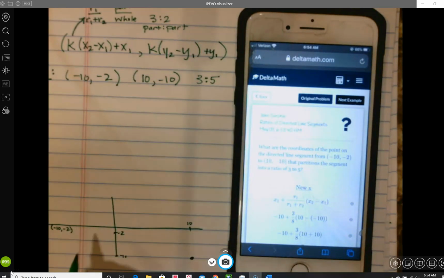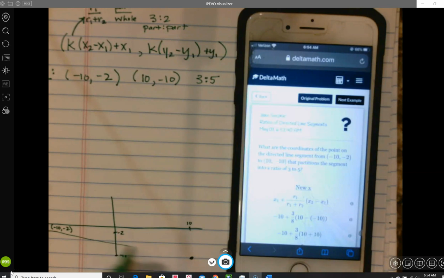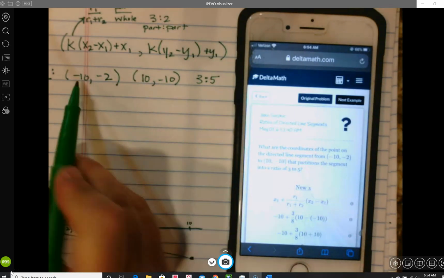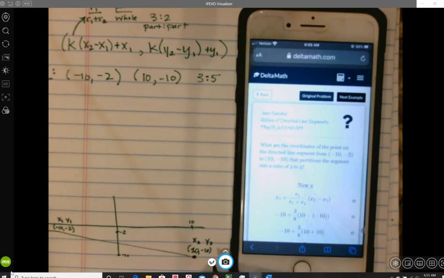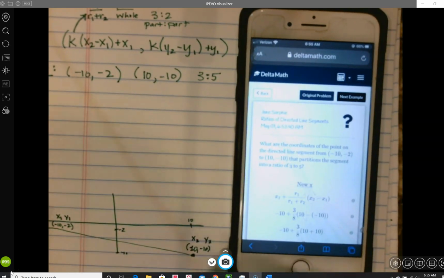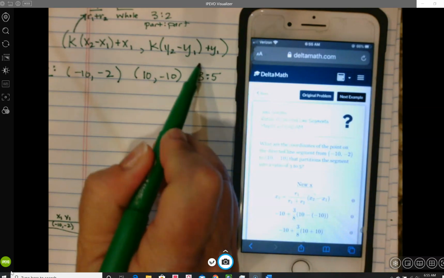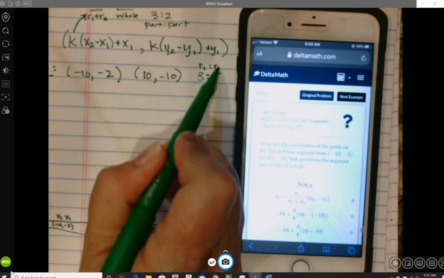So my line looks like this, and since this is the beginning and this is the end, this is going to be my x1 and y1, and this is +10, -10, and that's x2 and y2. So in my formula, that's where I'm going to plug everything in, and then here's my R1, that's ratio 1 and ratio 2.